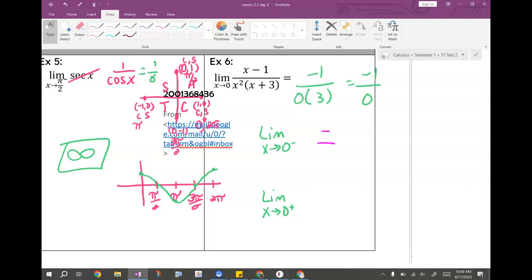It's going to be a positive. I'm approaching 0, so what about here? Most likely it would be positive, right? Okay, so this one would be negative infinity. Are you guys okay there?